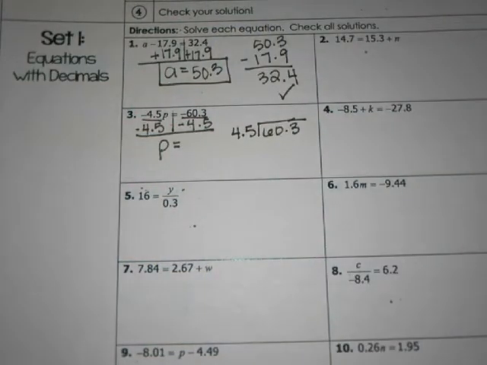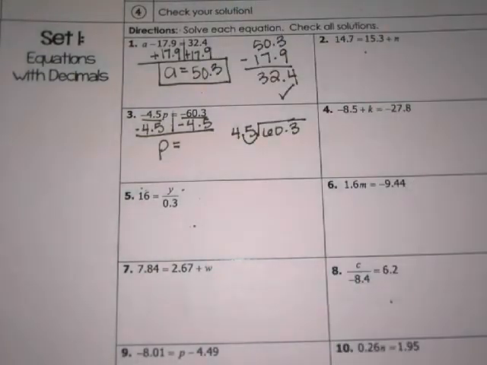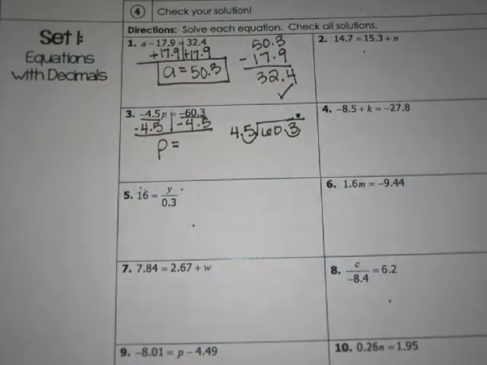Can I divide with a decimal on the outside? So what do I have to do? If I move my decimal on the outside, what do I have to do on the inside? So you are saying 603 divided by 45. Everyone finish solving that for me.